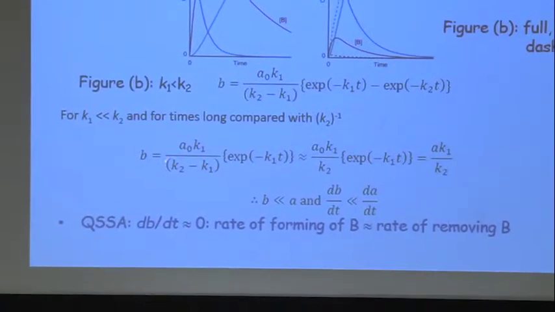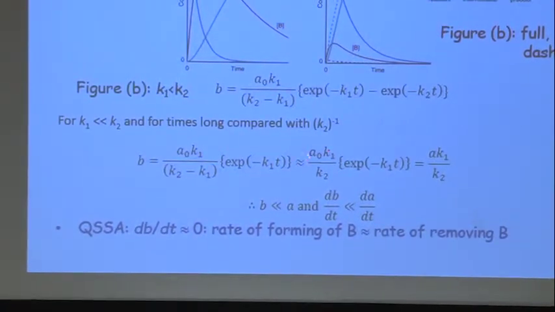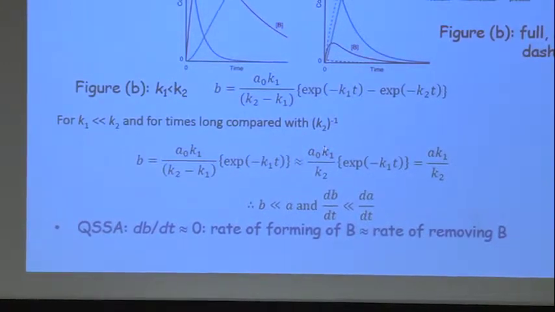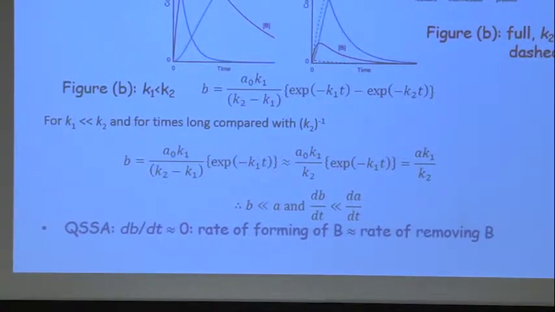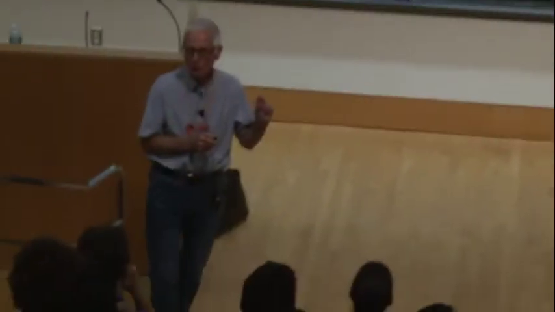K1 is very much less than K2, so that's approximately equal to A0 times K1 over K2 times e to the minus K1t. And so that's exactly the same as the decay for A, except for this term K1 over K2. And K1 over K2 is very, very small.